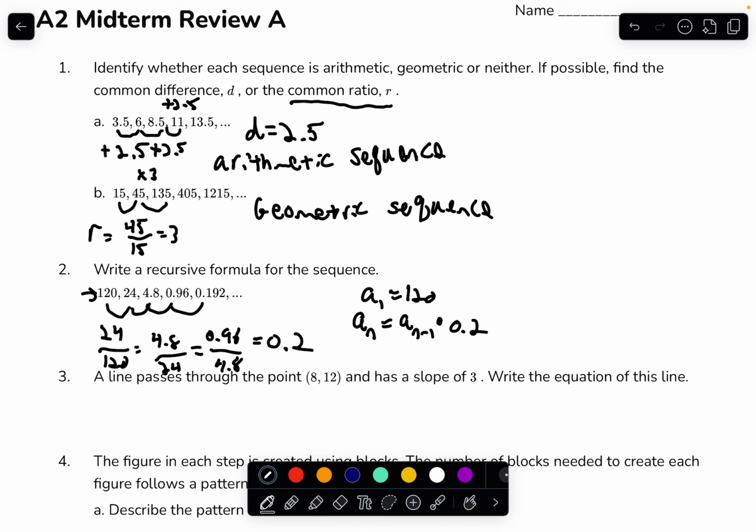Again, the first term is just the first term that's listed here. And then we found out that the common ratio, we're multiplying by 0.2. We had to do a ratio of the number to the right divided by the number to the left. And I double checked that the next one was also 0.2. I didn't check the rest, but it's 0.2.